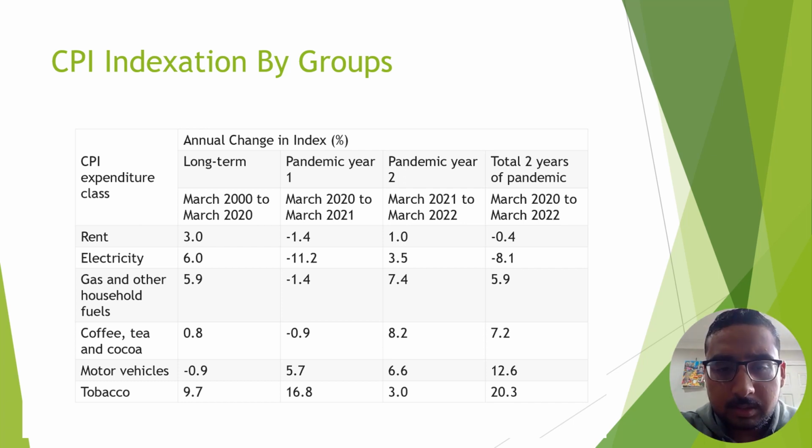Now we can also see CPI indexation by groups. We have the long-term CPI indexation by rent, electricity, gas, motor vehicles, coffee, and tobacco. The factors that are more in common with housing prices are rent and electricity, which have been going up around 6% each year from March 2000 to March 2020.